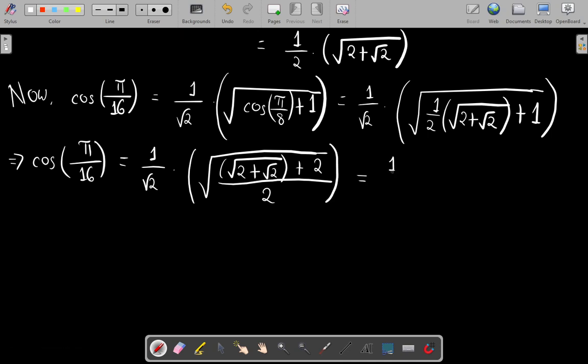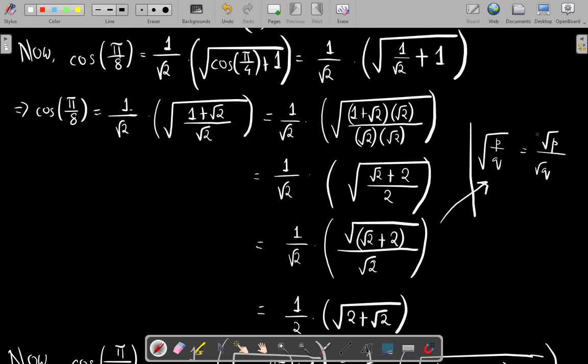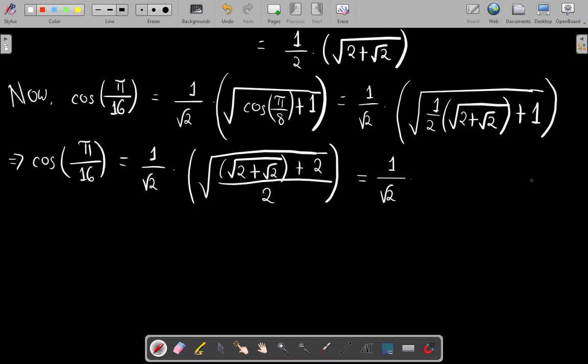So again, like before, if I try to use this formula, square root of p upon q equal to square root p by square root q, isolating the numerator and denominator inside the square root, the numerator becomes square root of 2 plus the bracketed term of 2 plus square root of 2.